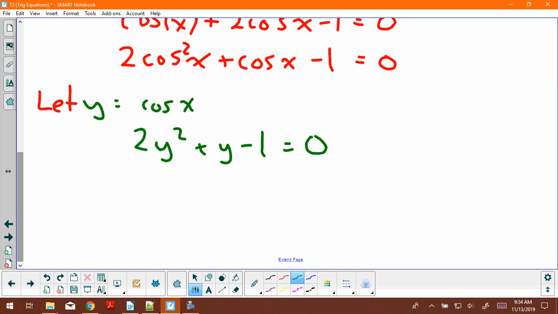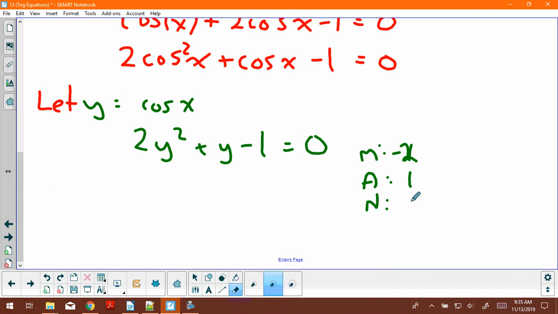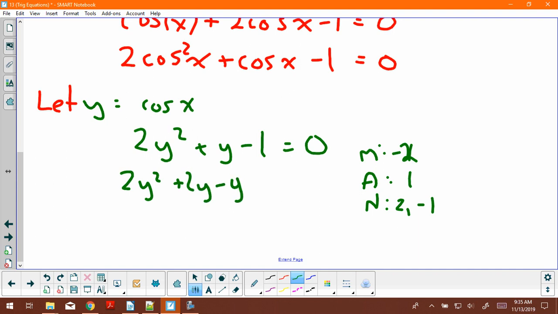This multiplies to -2, because it starts with a 2, and adds to 1. So my numbers are -2. Nope, they're +2 and -1. So we split the middle: 2y squared plus 2y minus y minus 1 equals 0.